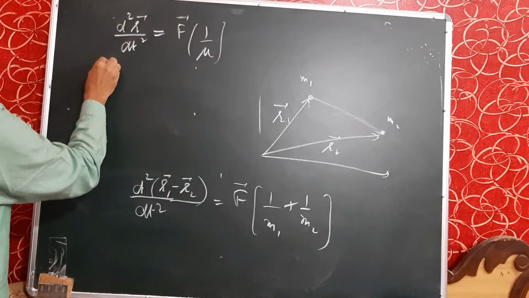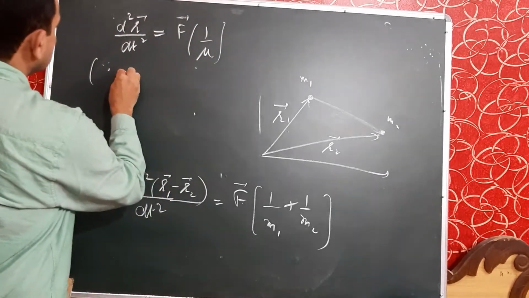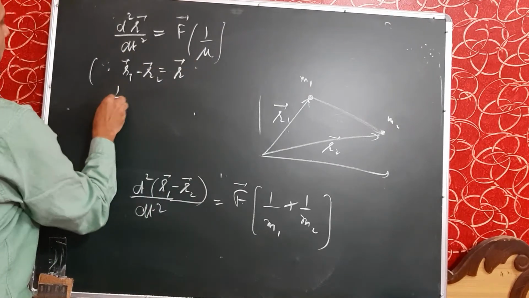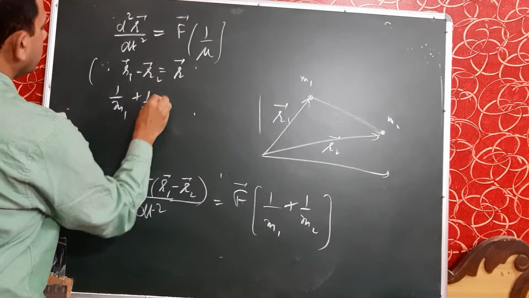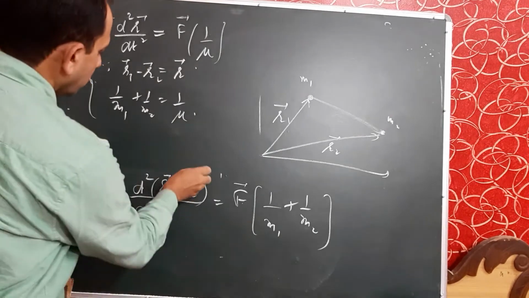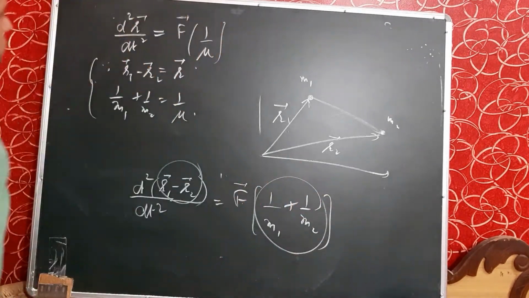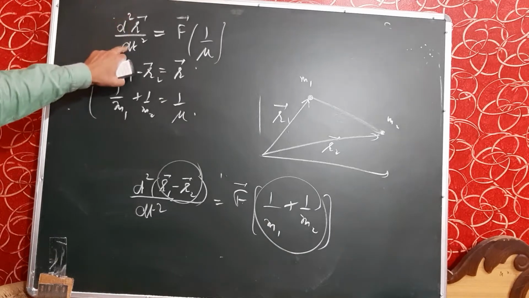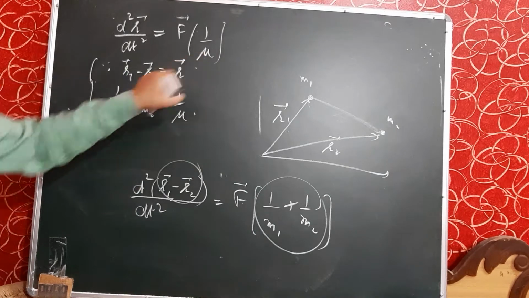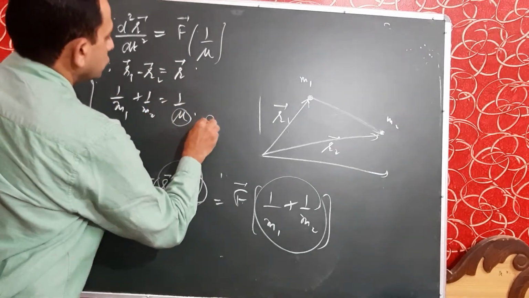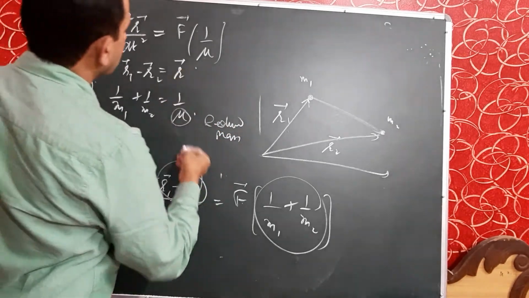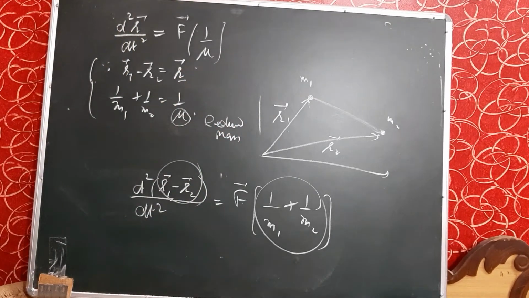So putting the values, we get d square r upon dt square is equal to F into 1 upon mu. What is mu? Mu is called the reduced mass, and r is the total position vector of a single particle.